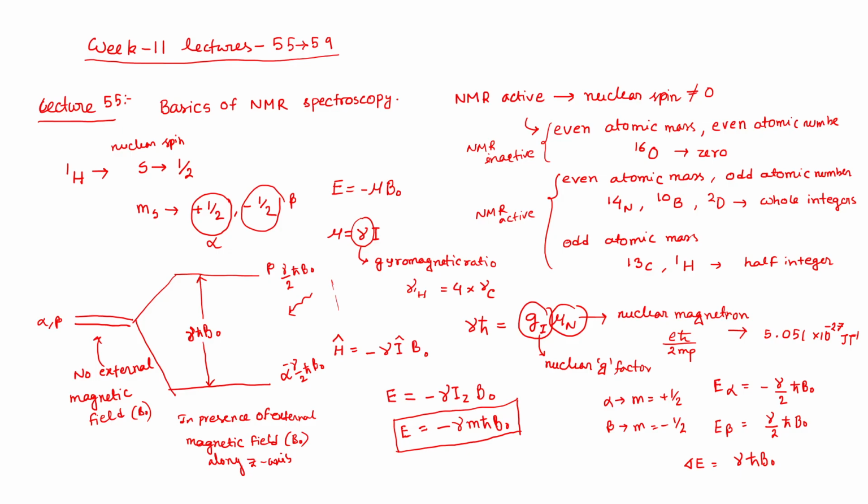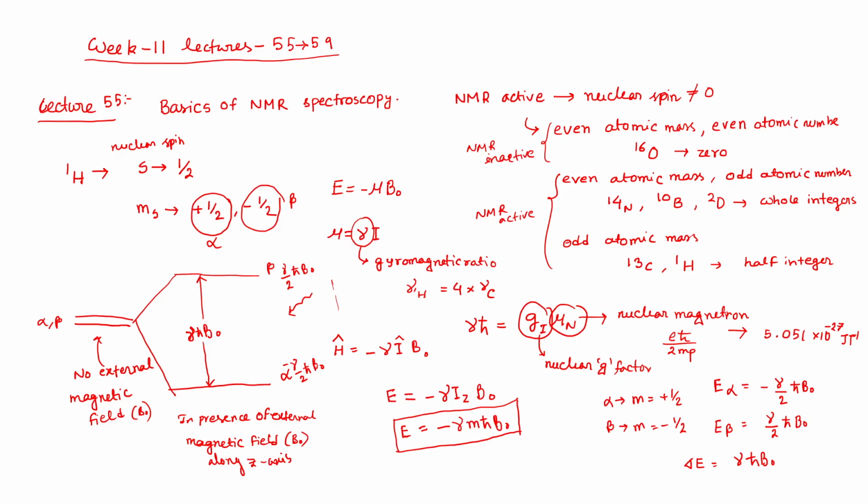As you can see, the energy is gamma h-bar B naught, where B naught is your magnetic field along the z axis, and alpha will be stabilized and beta will be destabilized by a similar amount.